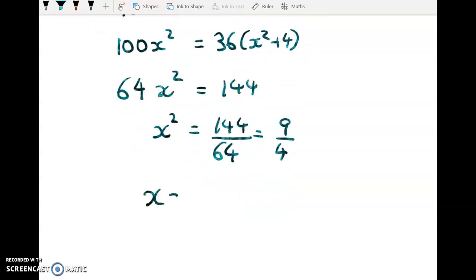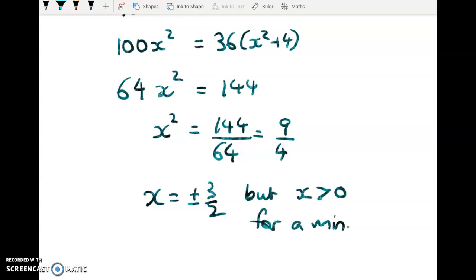Now, so x is equal to plus or minus 3 over 2, but x is going to be positive for a minimum. Now, I haven't proved that here. I haven't seen the schedule here, so I'm assuming they didn't need us to find that it's a minimum time taken. If they did need us to do that, we'd need to get the second derivative and show that the second derivative was positive.